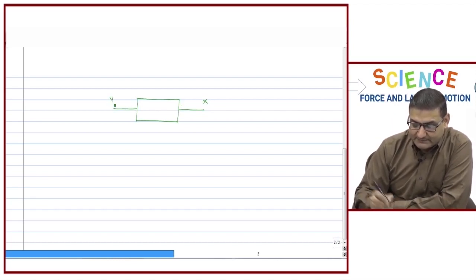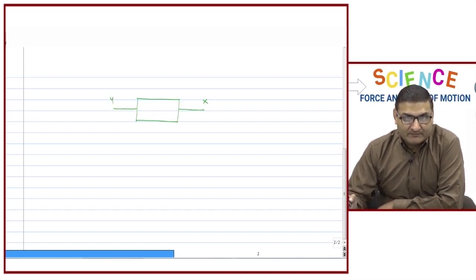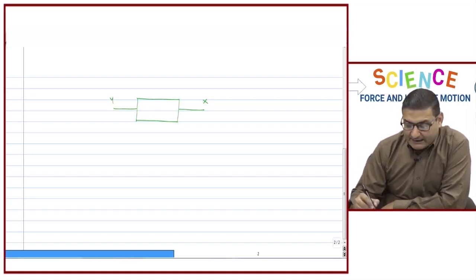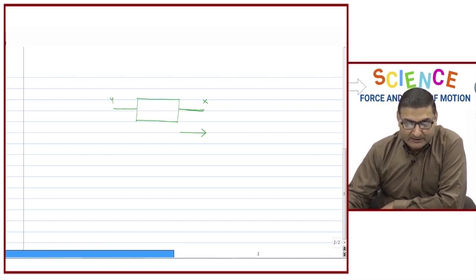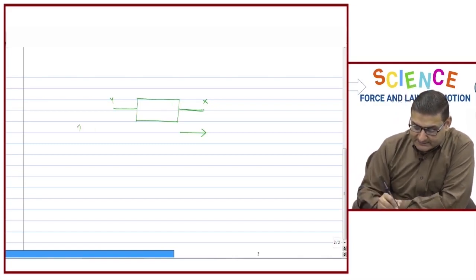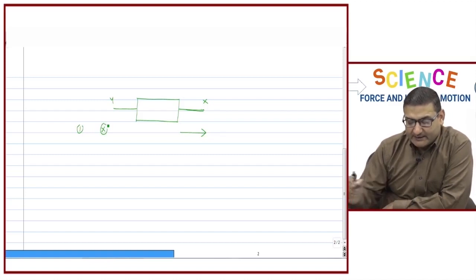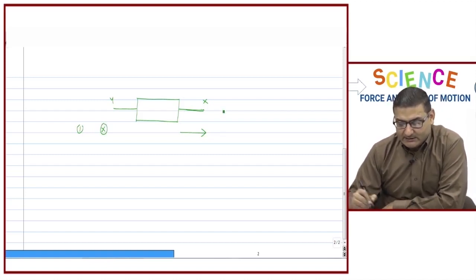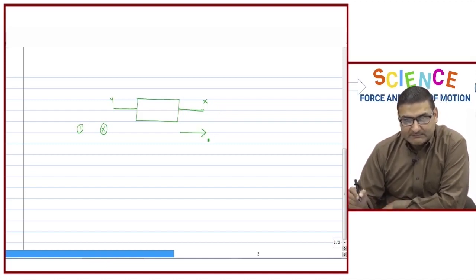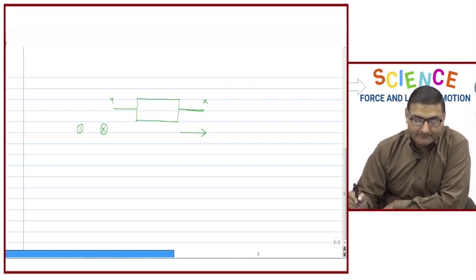Let us name them X and Y. Fine. Now, if I pull this string X, then this wooden block is going to move in the right direction, right? This is the first case, where I have pulled the string X. I have applied force in this direction, so the wooden block is moving in the direction in which force is applied.